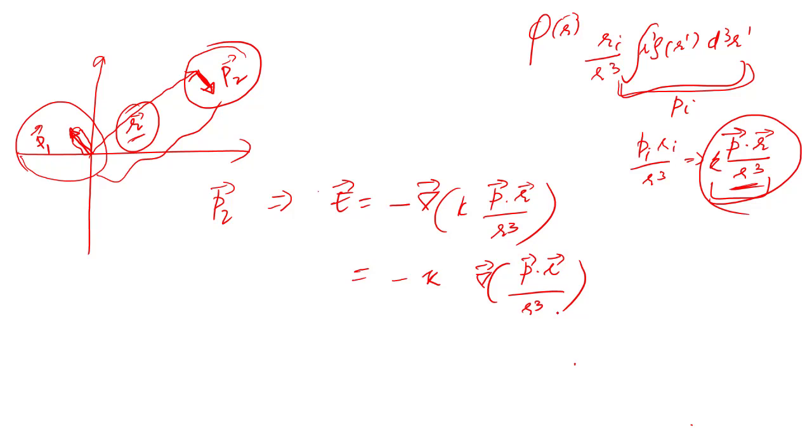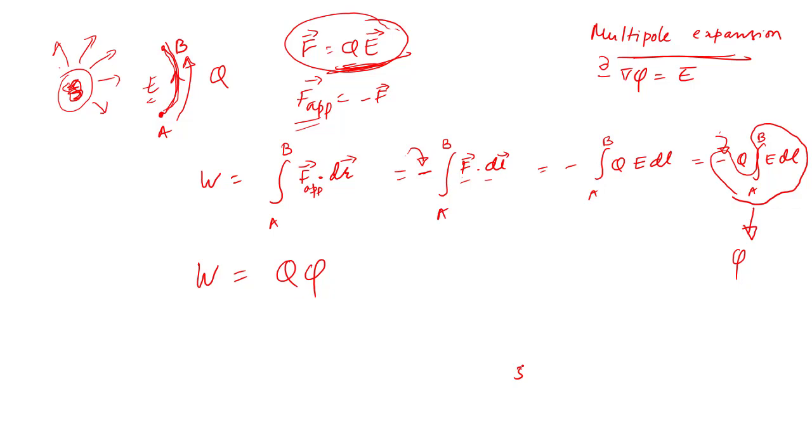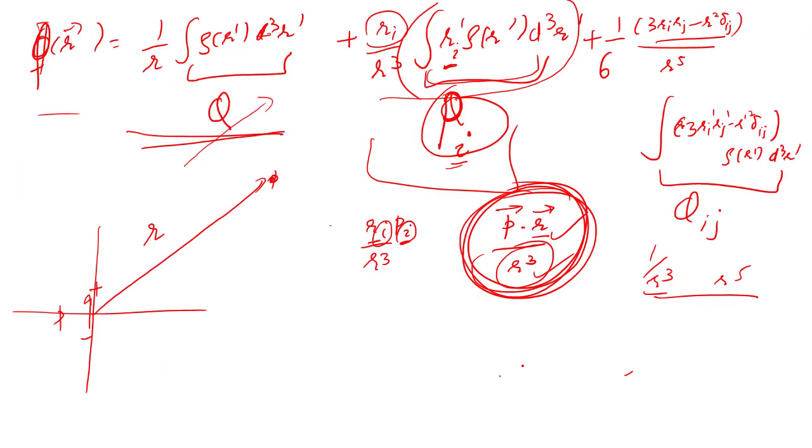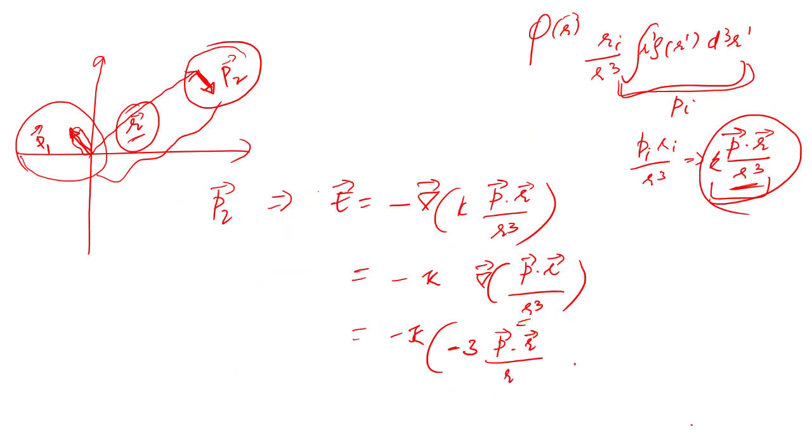So if you do the derivative here, so for r cube you would get a minus 3, right? And p dot r by r to the power 5 with an r vector here.